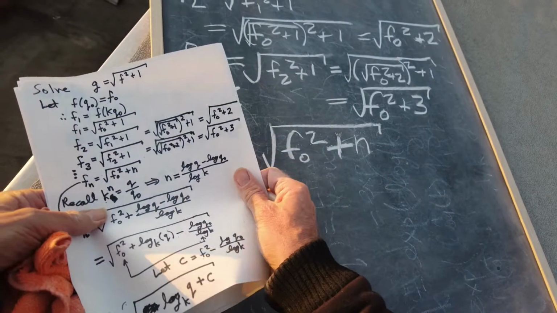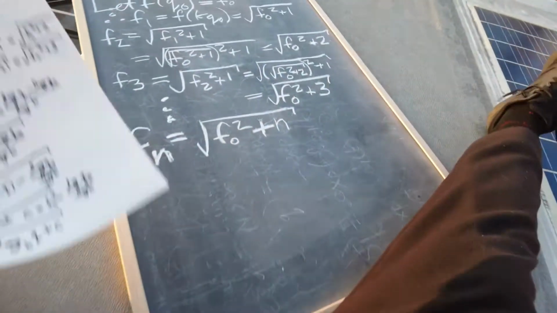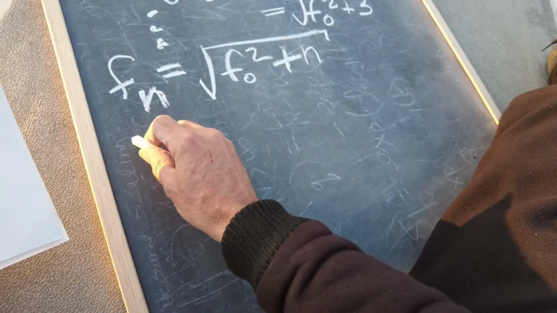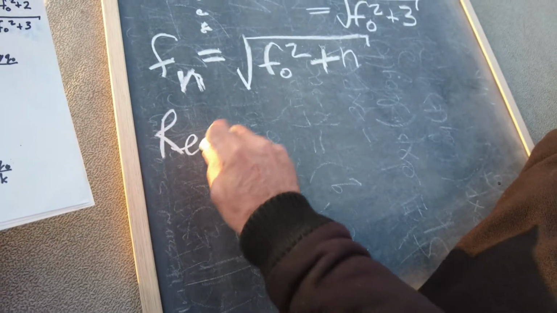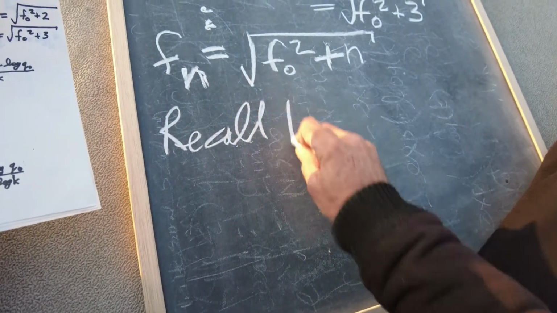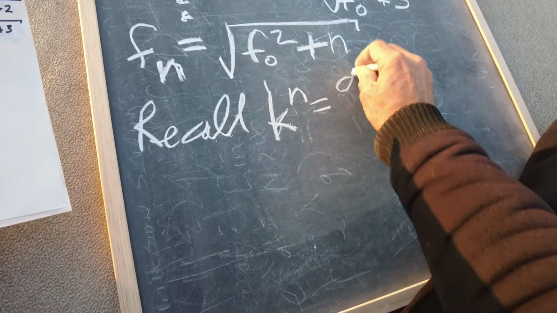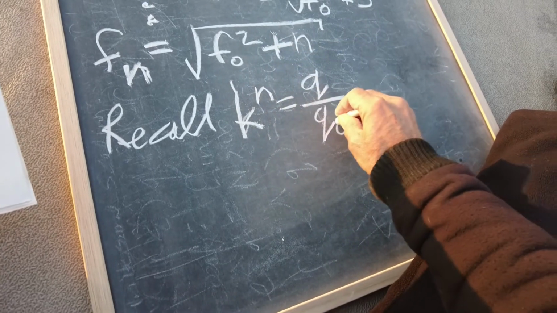And now, the key to unlocking these comparametric equations is to recall our magic graph theory. So recall that k raised to the exponent of n equals q over q0. That is that magical thing that we remember.